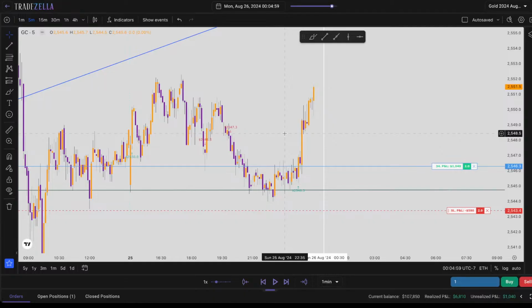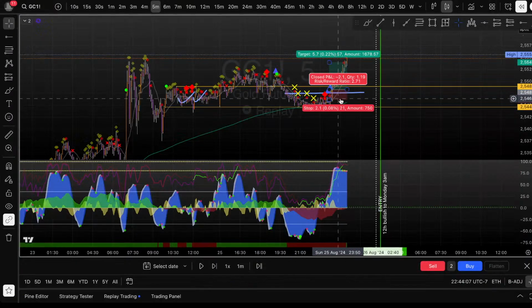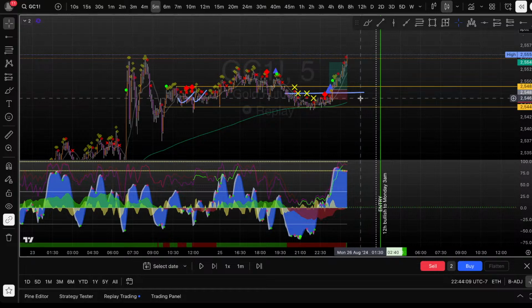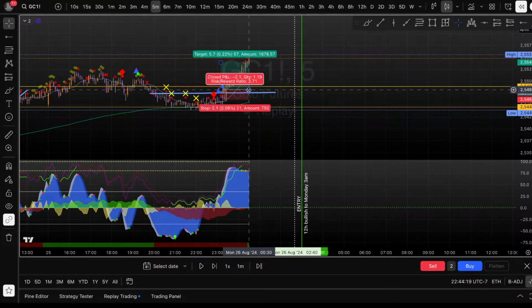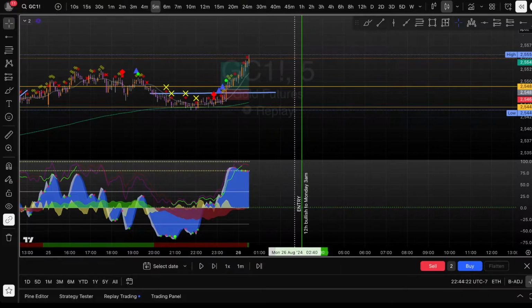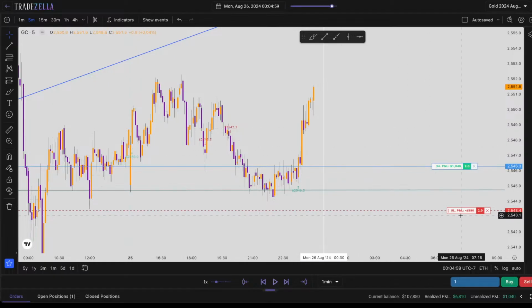$1,000 in profit. At some point, we moved our stop loss up, didn't we? We moved our stop loss up to 25.48.2.